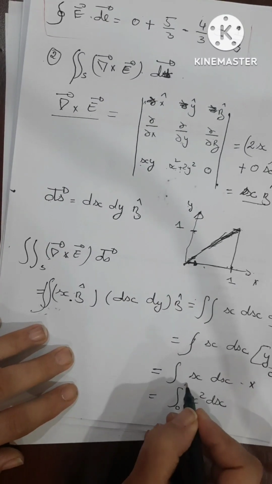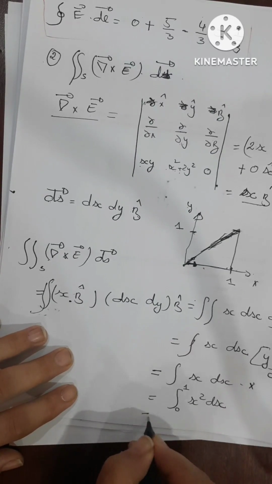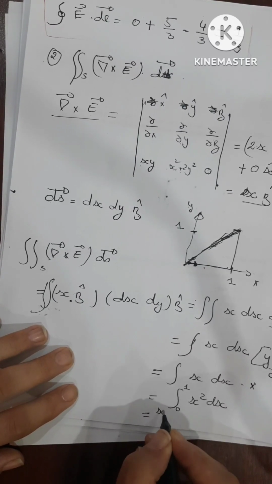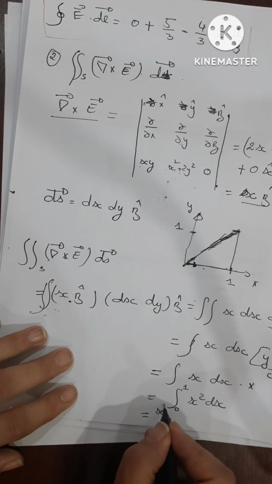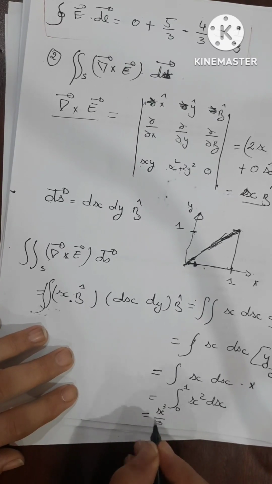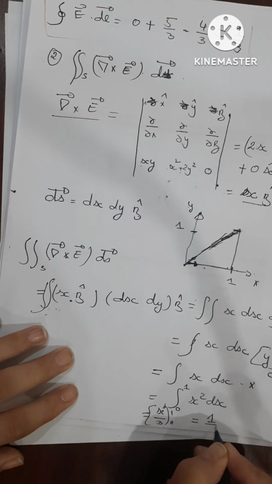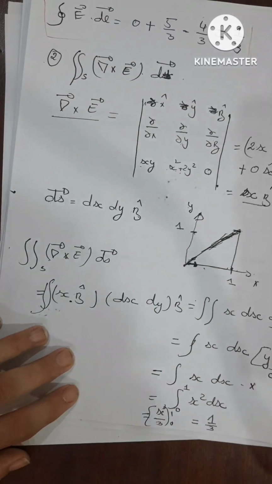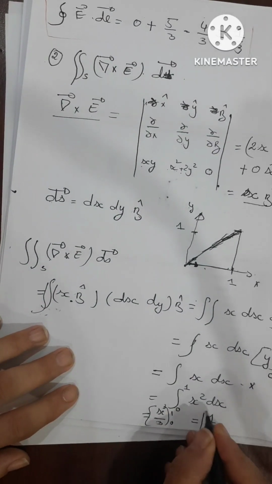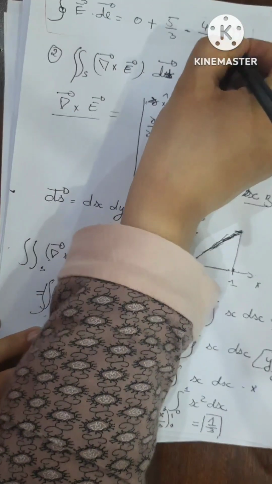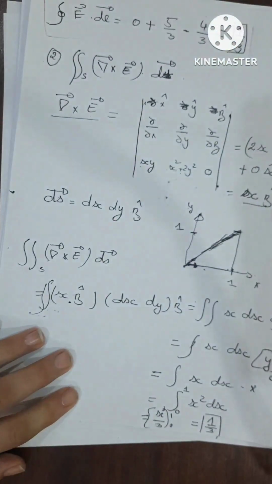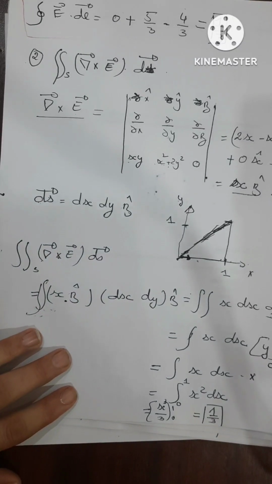So it's x cubed over 3, from 0 to 1, it is 1 over 3. Okay, we have the same result, 1 over 3. This is the end of the exercise. Thank you.